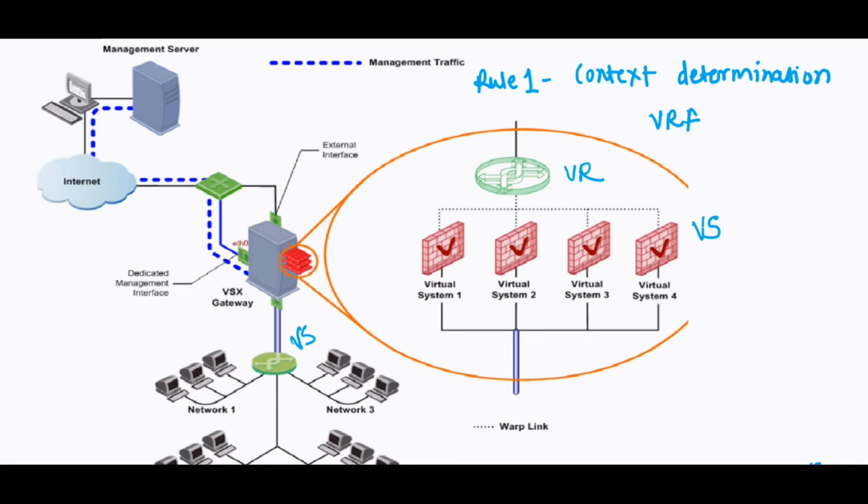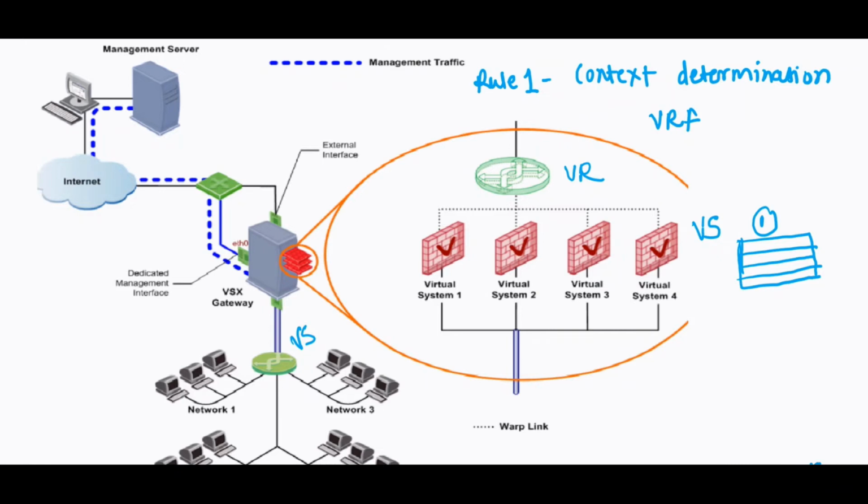What do you mean by routing domains? A routing domain is nothing but the entire routing for each and every communication, which includes all the communication initiated, destined, source, all things. So basically one routing domain is designated for one virtual system or one virtual router.